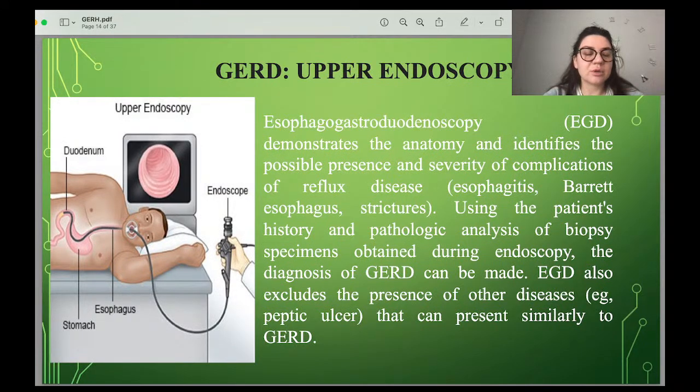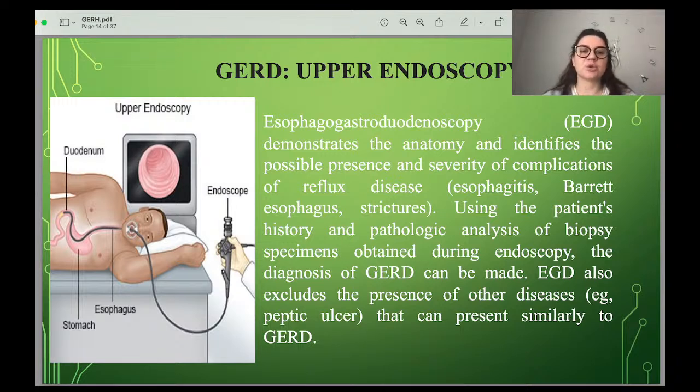Here on the scheme you see how upper endoscopy is usually performed and what the endoscope looks like. Esophagogastroduodenoscopy, or upper endoscopy, demonstrates the anatomy and identifies the possible presence and severity of complications of reflux disease, like esophagitis, Barrett's esophagus, and strictures.